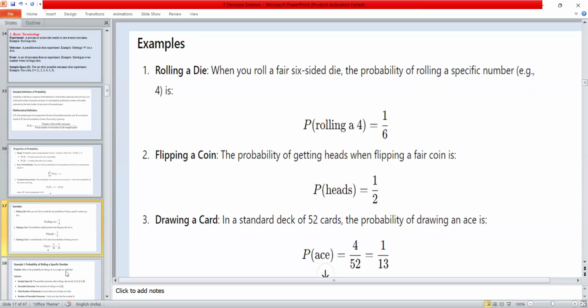So six possible outcomes are there, out of which we want one favorable outcome. So we write one at the numerator, and the total outcomes, 6, at the denominator. So 1 by 6.